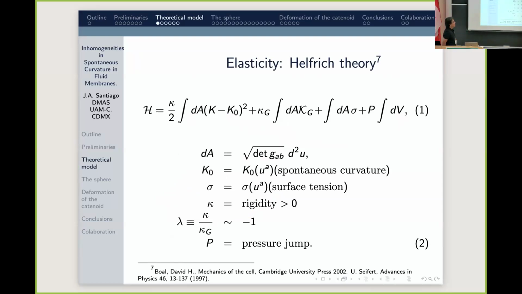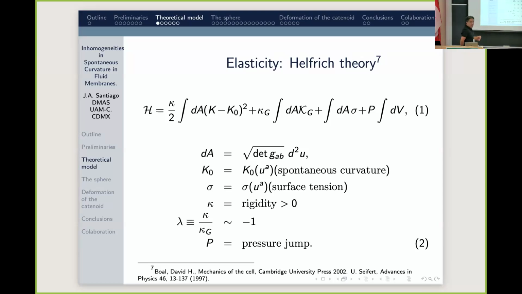The way to describe the elasticity of the membrane is this theory, the Helfrich theory, okay? Which involves the spontaneous curvature. The spontaneous curvature involves the asymmetries in the bilayer of the membrane, right?